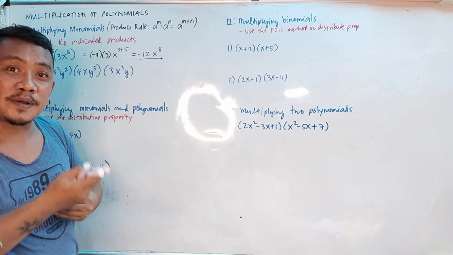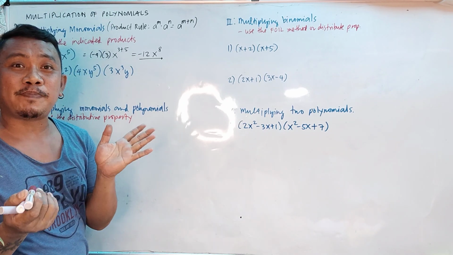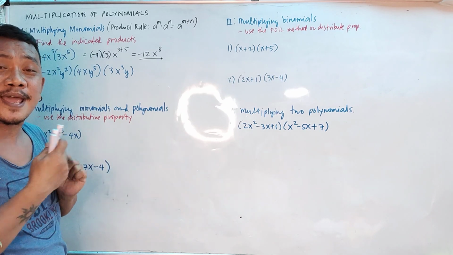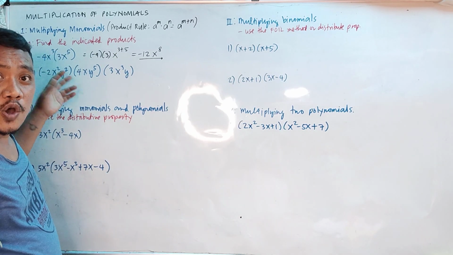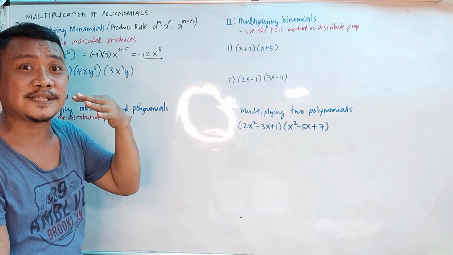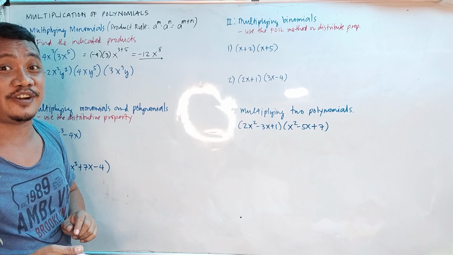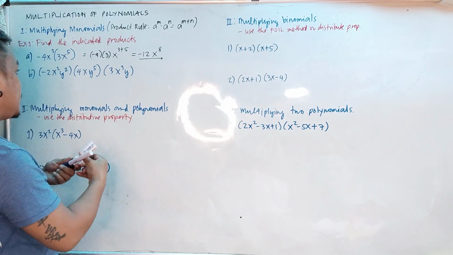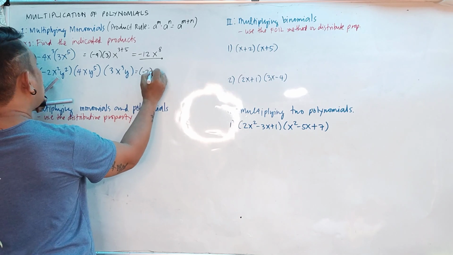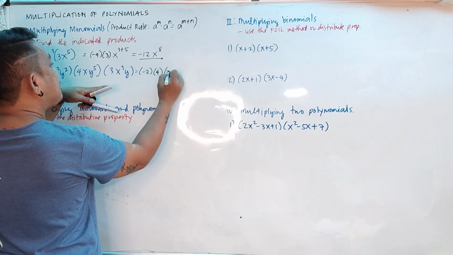Then again, kung mag-multiply ta, i-multiply na nato ang tanan nga mga numbers. Iusa nato sila to i-multiply. Then, observe the law of exponent if they have the same basis, meaning to say, kung parehas like variable, just add their exponents. Here, atong i-grupo ang tulo ka number, we have negative 2 times 4 times 3.